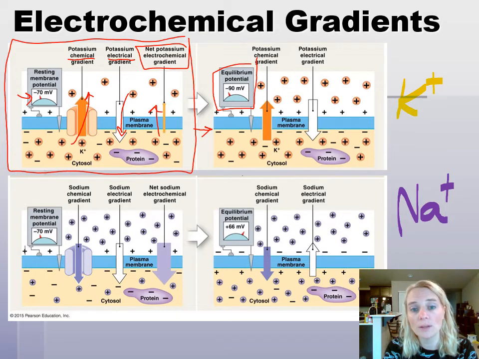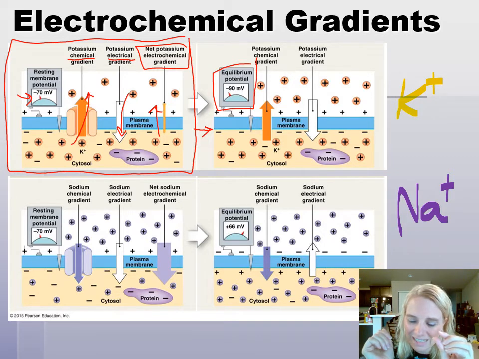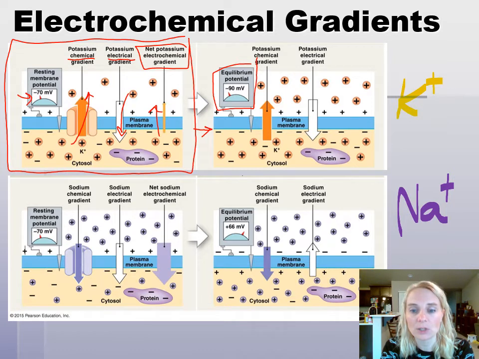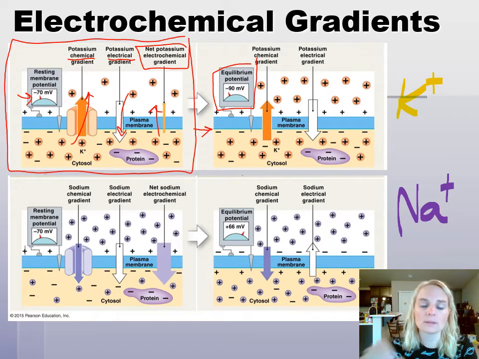If we lose positive charges from the inside of the cell, it's going to make the cell more negative. So at negative 90 millivolts, potassium is at equilibrium. We reach that for a tiny, tiny split millisecond in action potentials, but really this is not a normal scenario for neurons to be in at negative 90 millivolts. Other cells have different values.